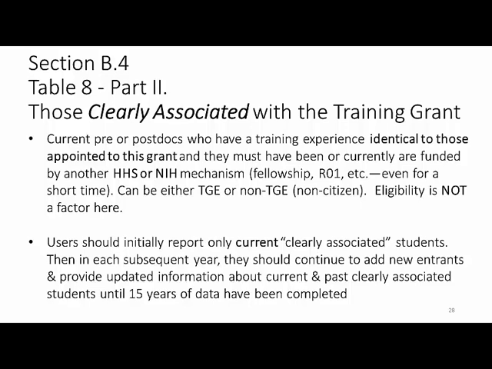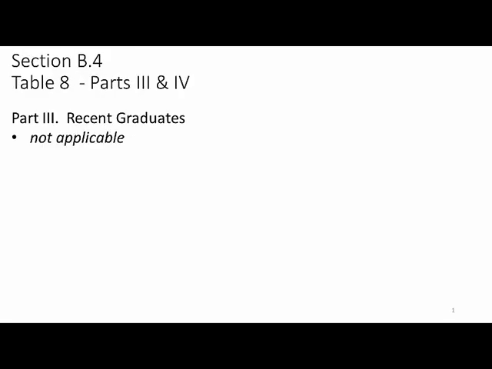No. Again, this was a fairly new reporting requirement. It's cumulative, so you don't go back 15 years for clearly associated. You just do the current year and then start building that table up. Parts 3 and 4: part 3 isn't applicable to the RPPR, so you can leave that out.